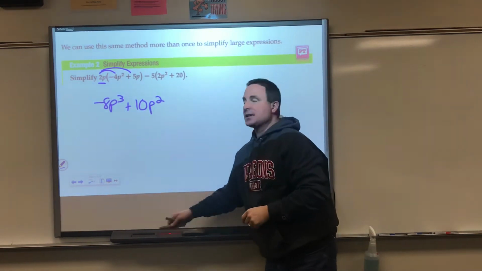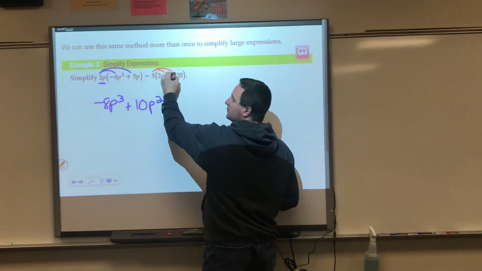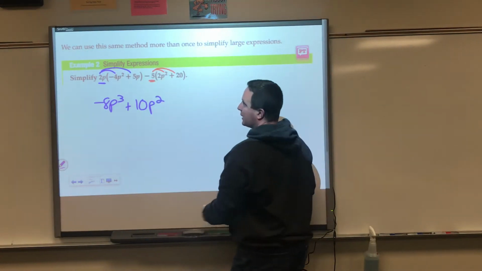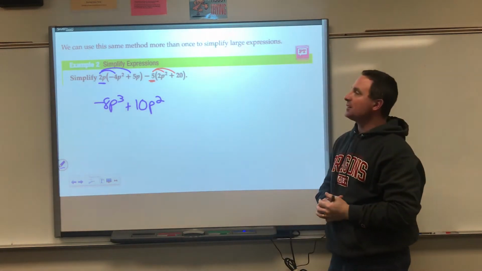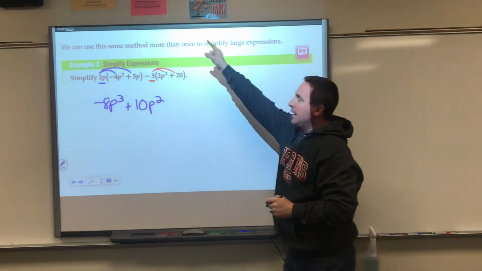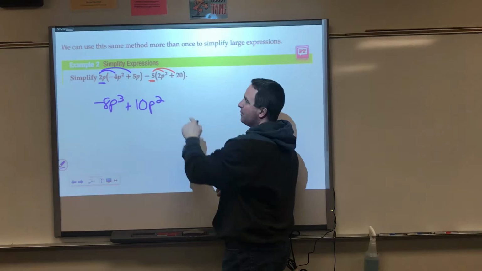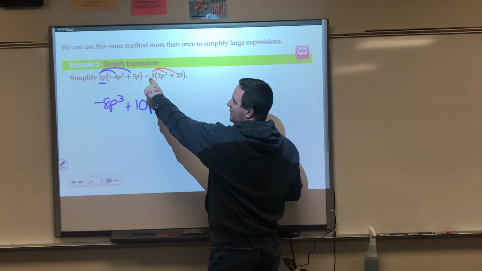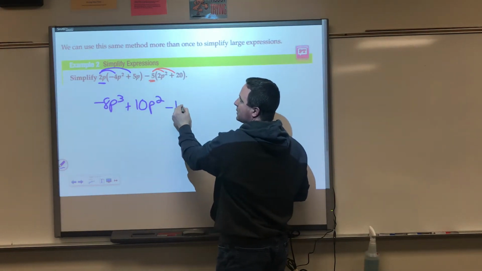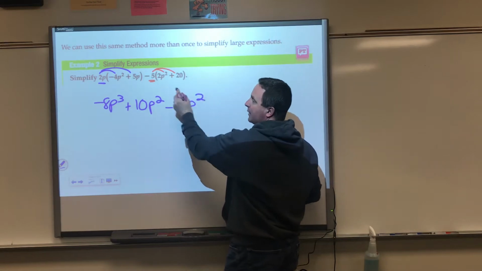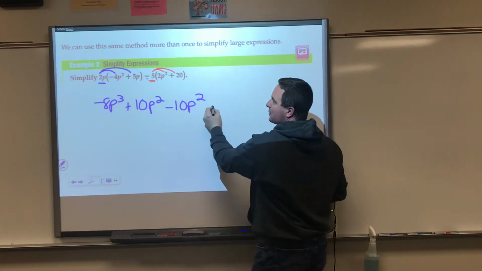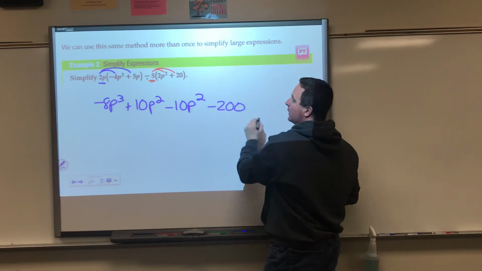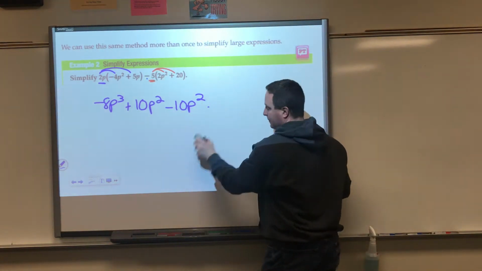Now in the second one, before I distribute, I need to look at that 5 and what kind of a 5 that is. If you look closely, that's a negative 5. You could do a change if you wanted to, but I'm going to simply keep it negative. So negative 5 times 2 is negative 10p squared. And negative 5 times 20 is negative 100, not 200.